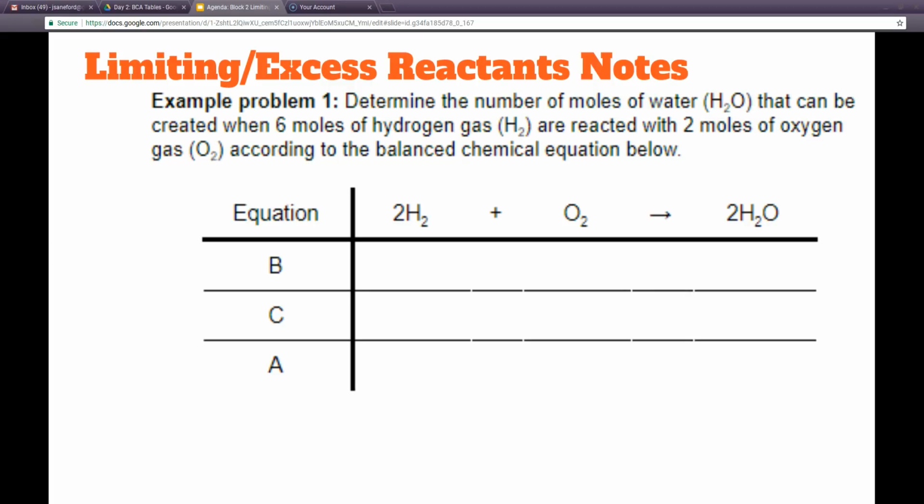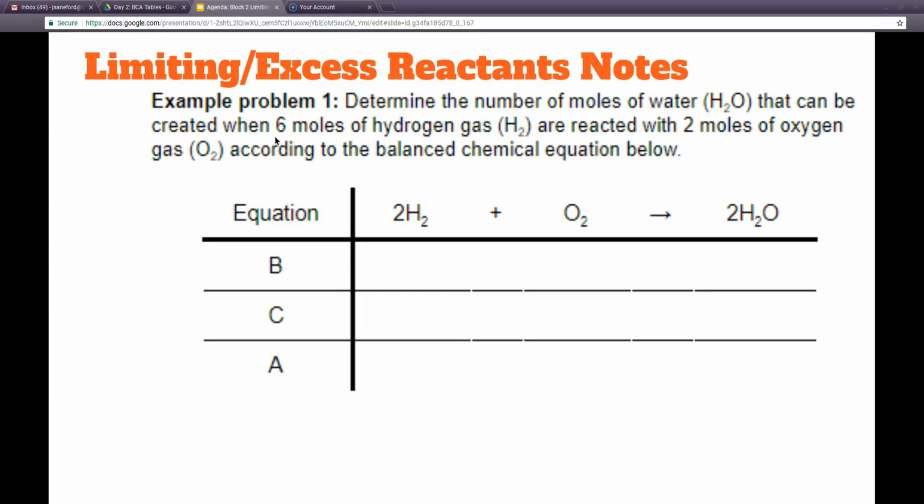Here's an example. We want to determine the number of moles of water that can be created when 6 moles of hydrogen gas are reacted with 2 moles of oxygen gas, according to this balanced chemical equation below. The before line is where we're going to use the information that they gave us in the problem. It tells us right here that we're going to start off with 6 moles of hydrogen.